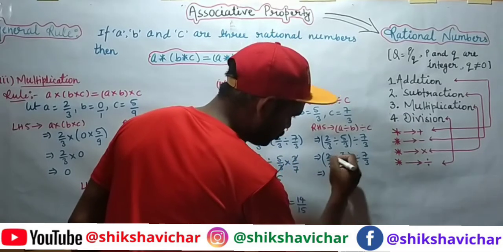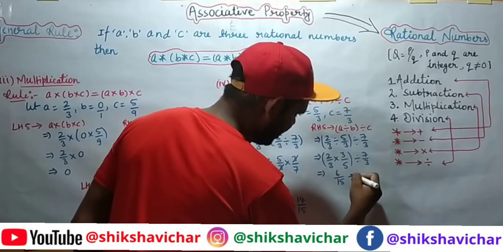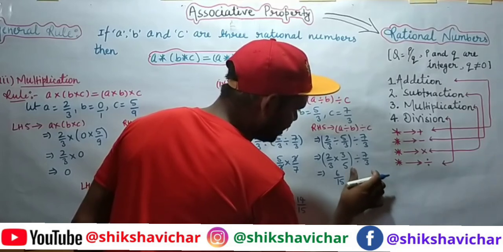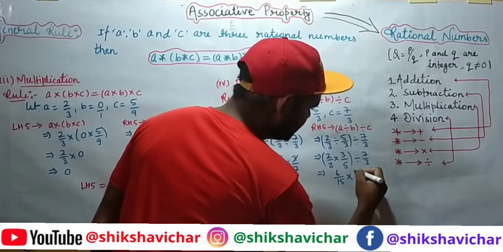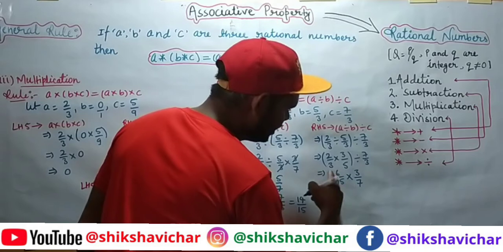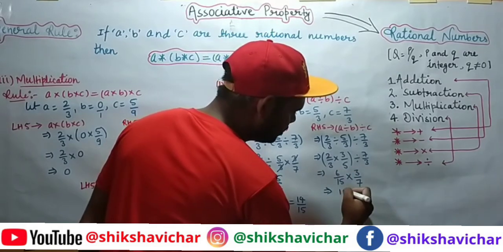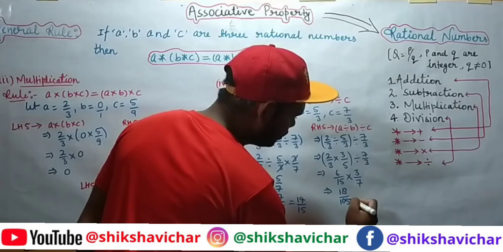This implies 2 times 3 is 6 and 5 times 3 is 15, divided by, we again convert the sign of division into multiplication, that means multiplied by 3 upon 7, and this implies 6 times 3 is 18 and this would be 105.